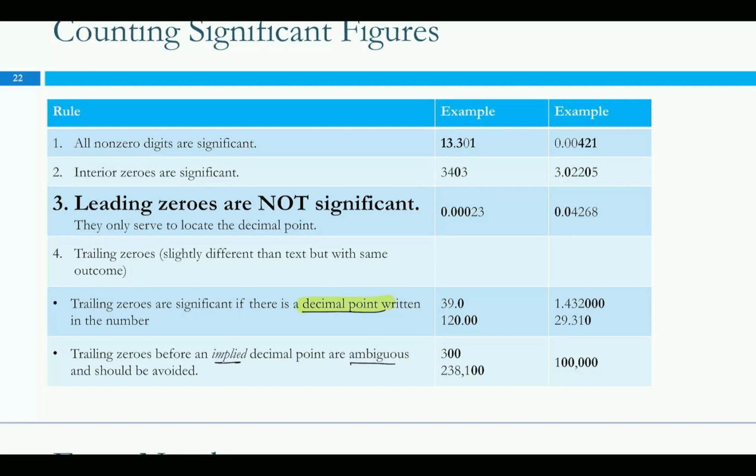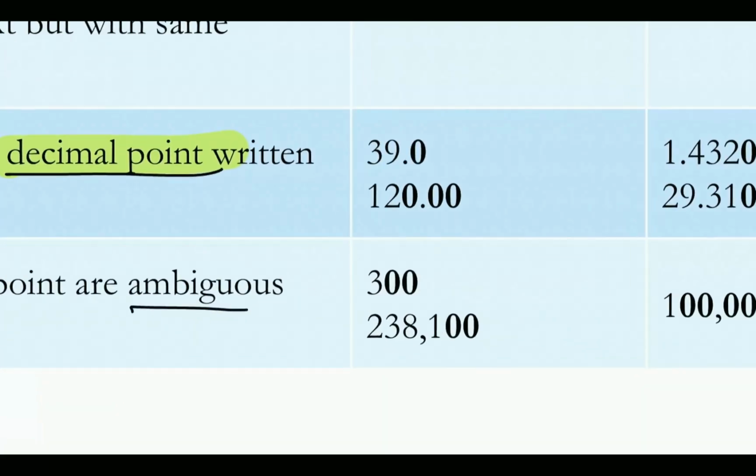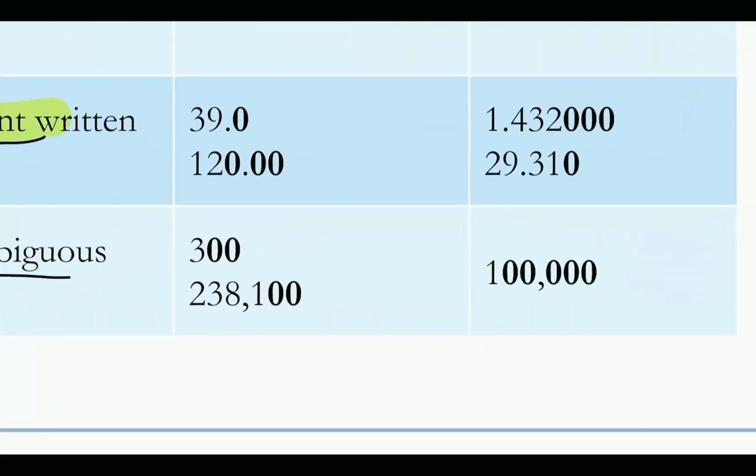But for large numbers, we can't tell how many of these zeros are significant, because either all of them are, none of them are, maybe 2 of them are, 3 of them are, and we can't just drop any of those zeros off because it completely changes the number. So 300, if I just write that as 3, clearly not the same thing.